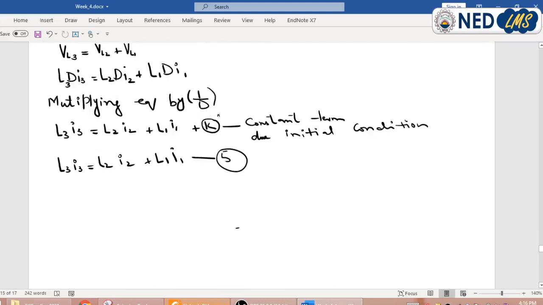But from this equation we see that it is a linearly dependent equation, meaning one inductor current depends on the other 2 inductor currents. So these all 3 inductor currents IL1, IL2 and IL3 are not independent.